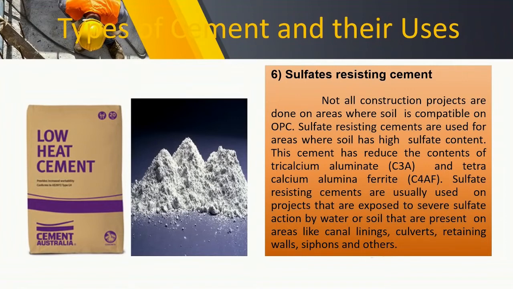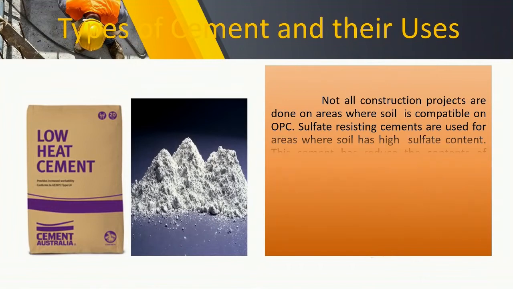When these stresses become greater than the concrete's tensile capacity, yung concrete ay magsisimulang mag-crack. At yung crack na yon ang magsisilbing daan para pumasok yung sulfate at bibilis yung pagkasira. Sulfates also cause chemical disintegration of some of the cement hydration products. So, yung sulfate-resisting cement are used for areas where soil has high sulfate content.